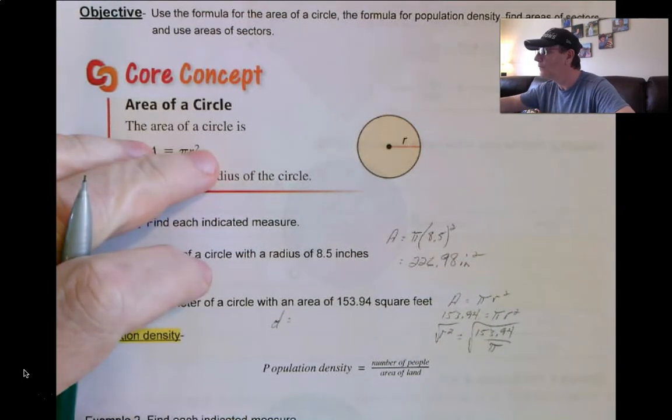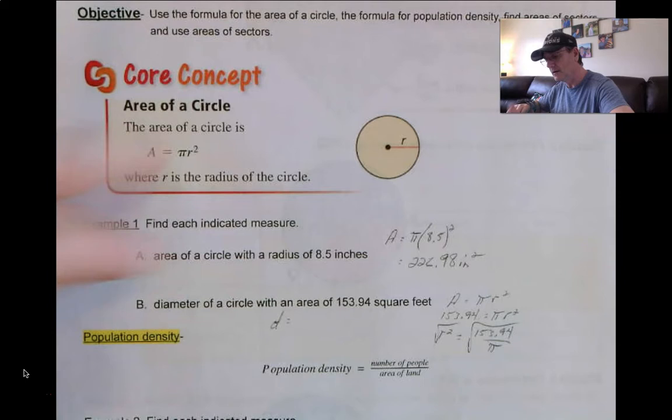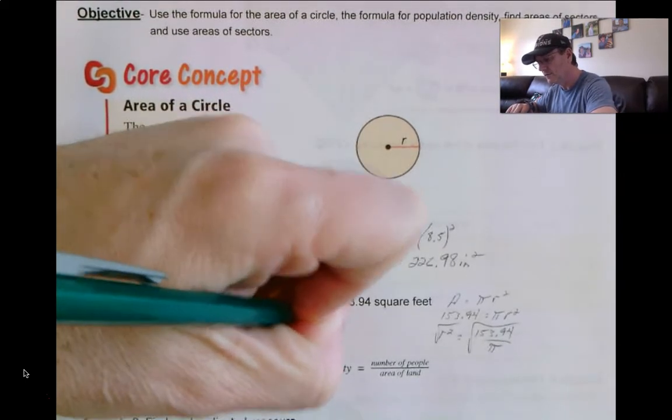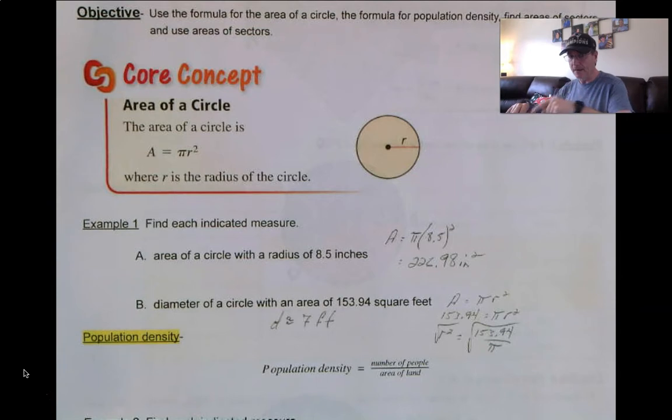So 153.94 divided by pi. Square root that, we're really close to 7, approximately 7 feet.